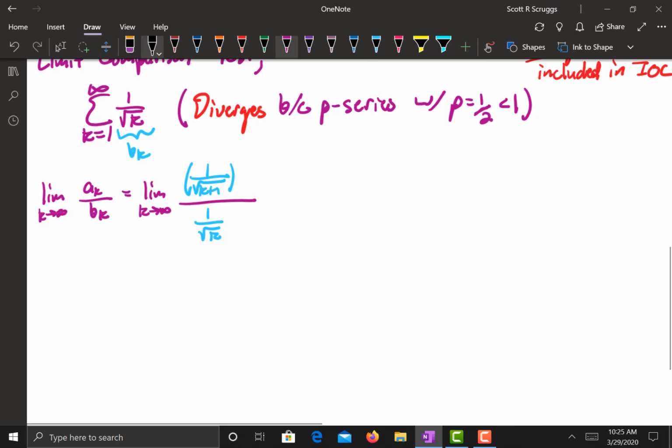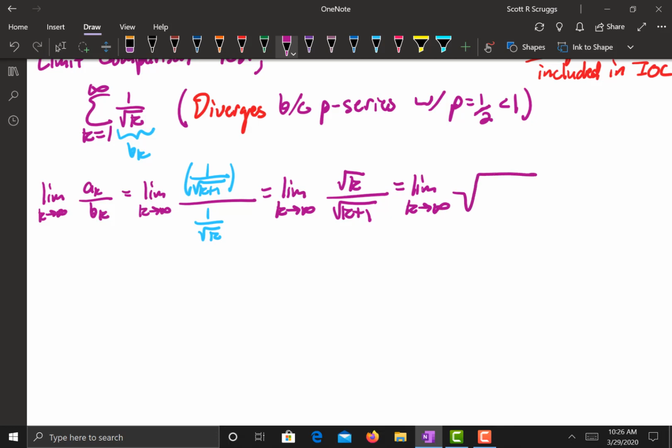Dividing by a fraction is the same as multiplying by its reciprocal. So I get that equal to the limit as k goes to infinity of square root of k over square root of k plus 1, which equals the limit as k goes to infinity of k divided by k plus 1, which we talked about to be 1. So that is a finite answer.